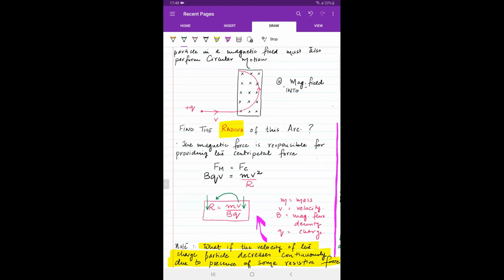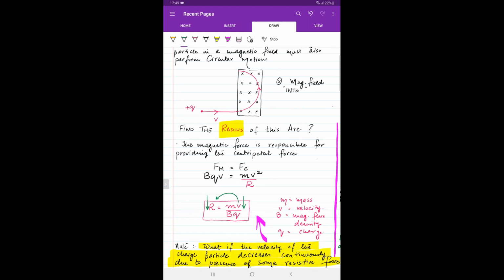So if a charge particle entering a magnetic field has a continuously decreasing velocity, how would its path be different? The radius will keep decreasing, which means the path is no longer going to resemble a circle.